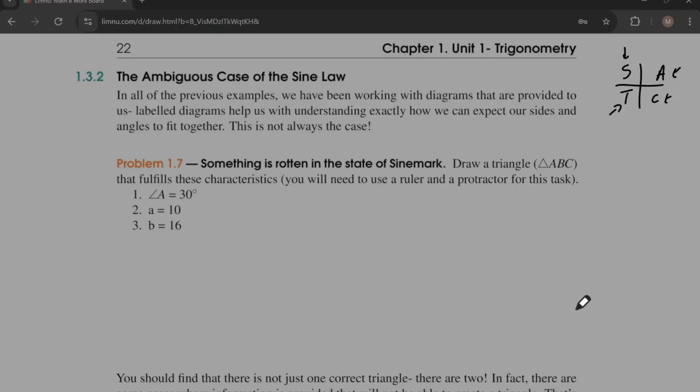This leads us with a bit of a nasty scenario when we're doing the sine law. When we calculate for an angle, we're going to get a value that is popped out as a reference angle. What does that mean? Well, it could be giving us the reference angle in quadrant 1 that matches the standard position angle, or the actual angle of the triangle.